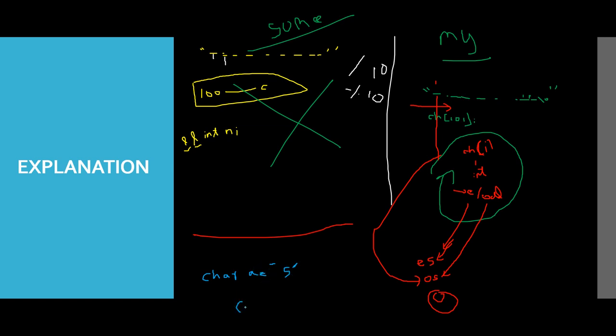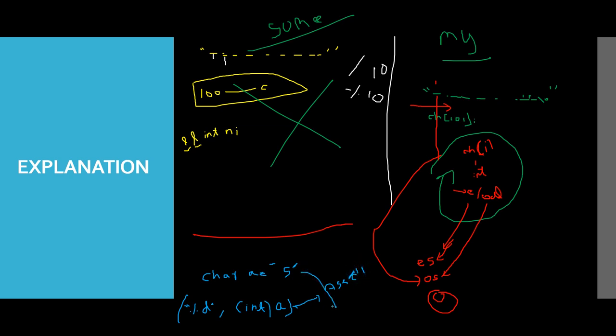To convert it into an integer, I can typecast it to int and print it using %d in a printf. But what this will print is the ASCII value of a. So this will convert into an ASCII value number.